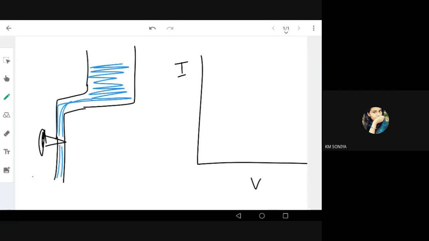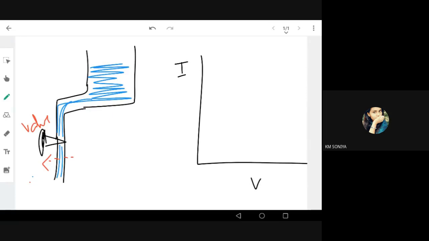So I try to control this valve. I can push it clockwise or anti-clockwise. When I open the valve, there will be more water flow.